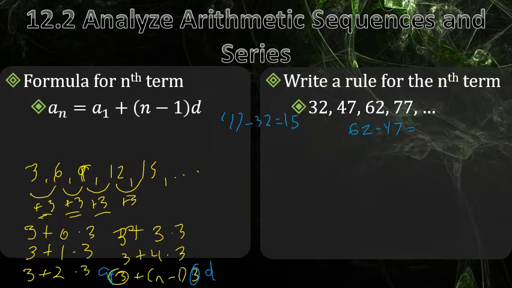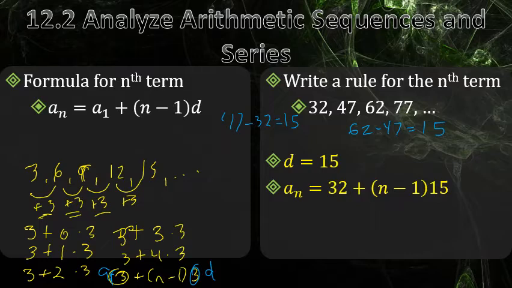Is that 15? Yes, it is. And 77 minus 62 is also 15. So our D is 15. And then your A1 is 32, so we can fill in the formula. So it's An equals A1 plus n minus 1 times D. So this is A1 and D.